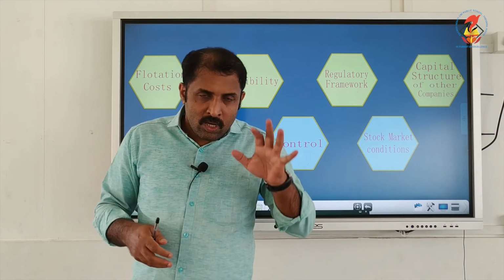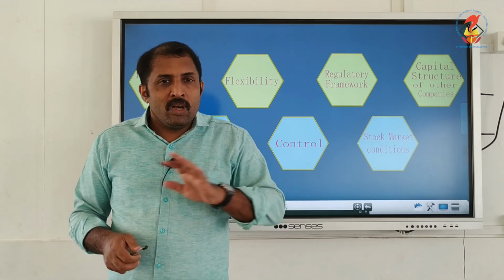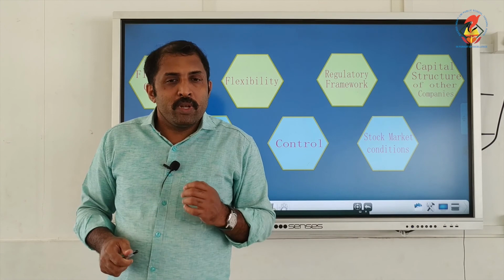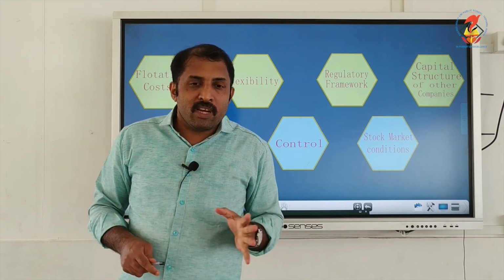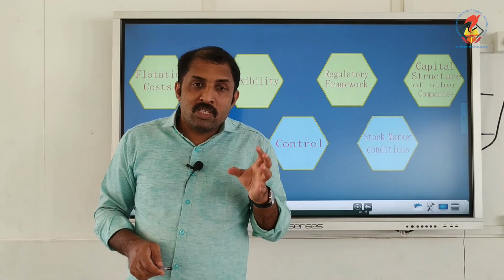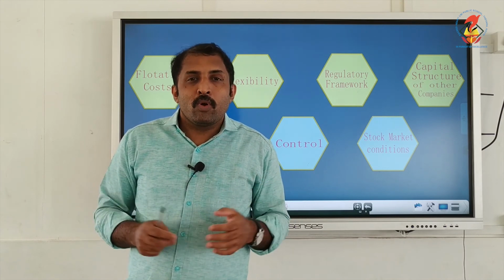It is always better to follow almost the same capital structure framework which is followed by companies of the same business. So, these are the factors which we have to consider when a company is deciding upon the combination of debt and equity in its overall capital.